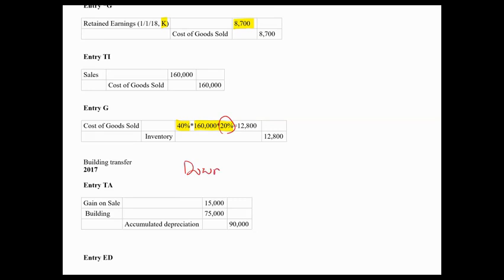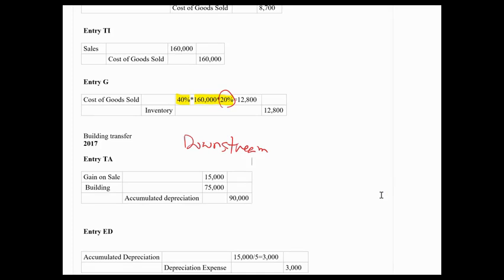The entry would be in 2017. We used entry TA to eliminate the gains due to this intra-entity buildings transfer.